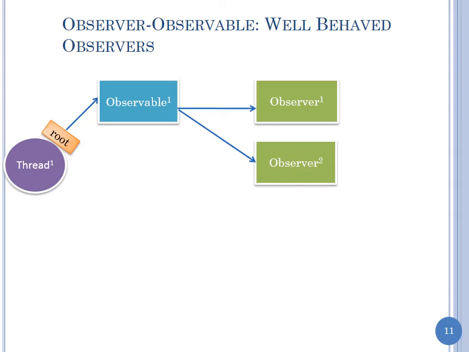Let's look at the real problem, why we might need concurrency. UG said that we can get concurrency, and why do we need it? Let's look at the situation when things are well behaved. A thread writes information to an observable, notify occurs to one observer, and notify occurs to another observer.